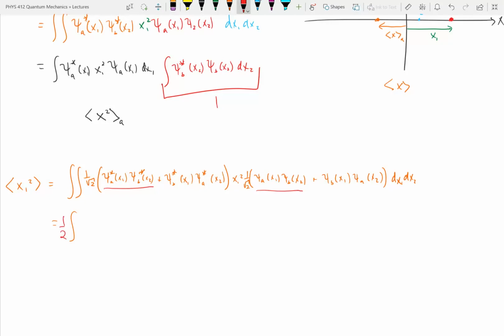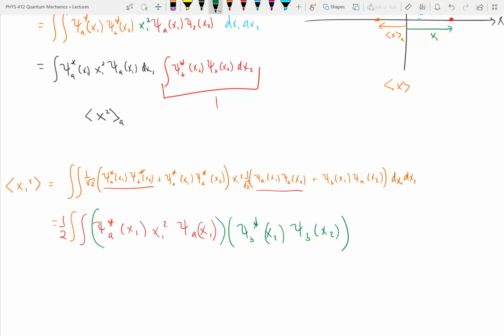Well, let's bring out the 1/2 first. So that's the term I get with the two underlined ones.